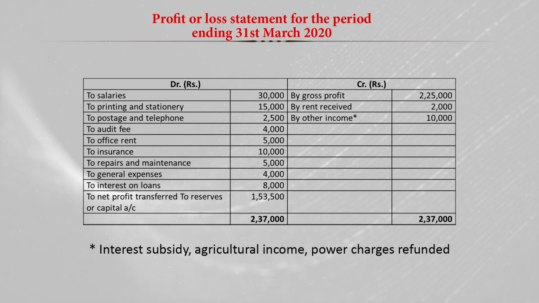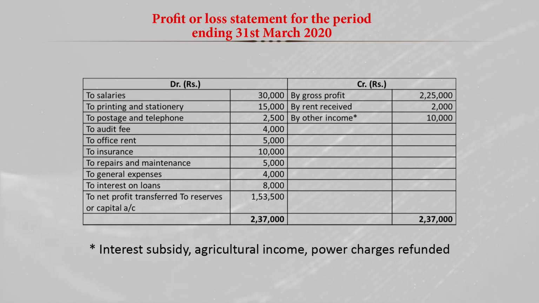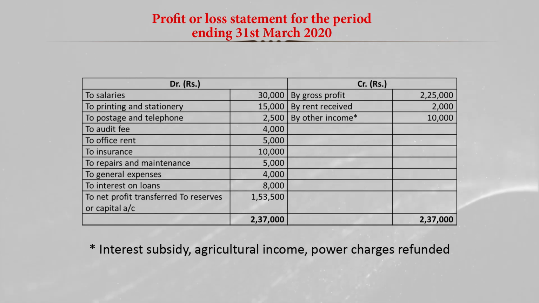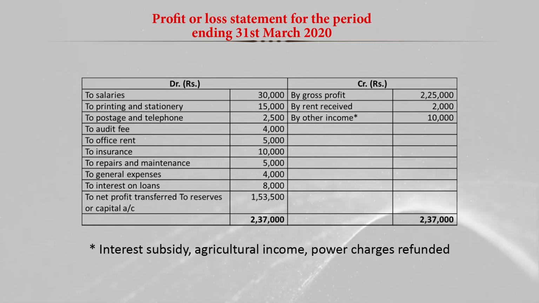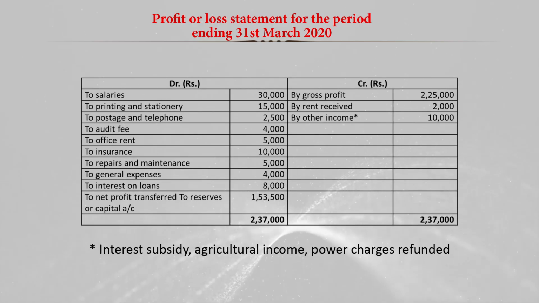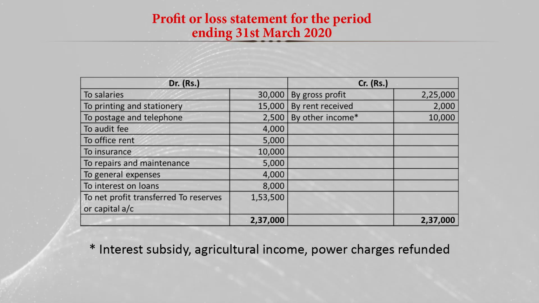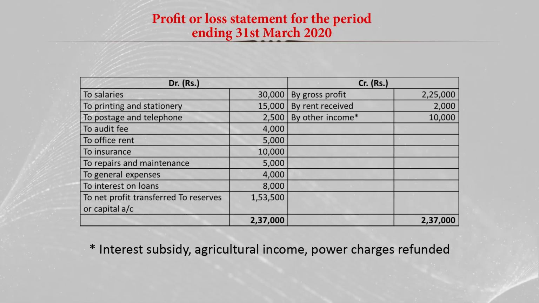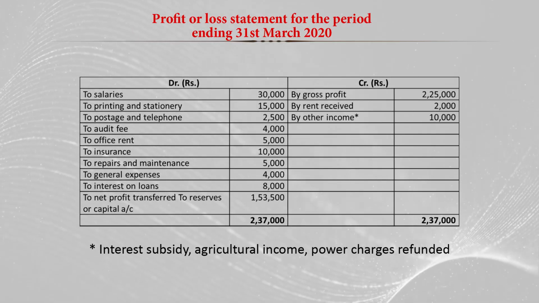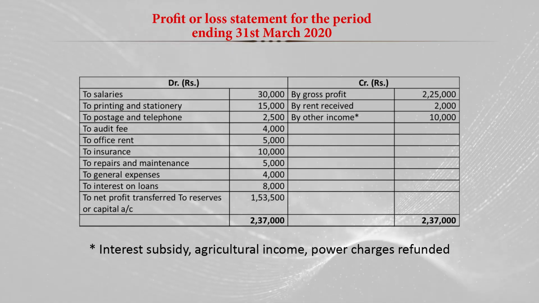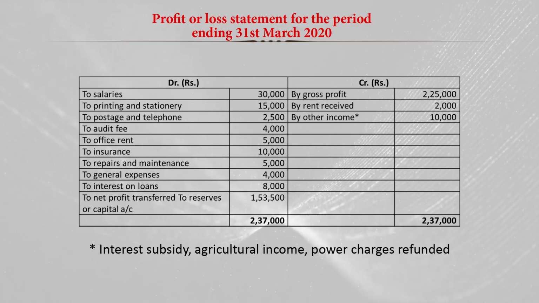Then this is another example where the income statement or profit and loss statement is presented in horizontal form, basically on two sides. On the left hand side we have presented the debit, and on the right hand side we have presented the credit. Figures are given in rupees. So on the debit side we have given the various expenses.